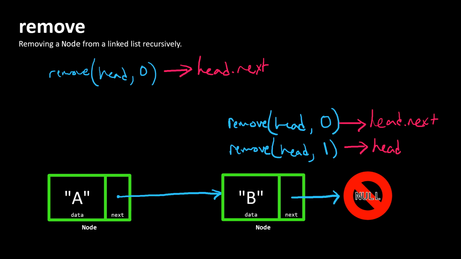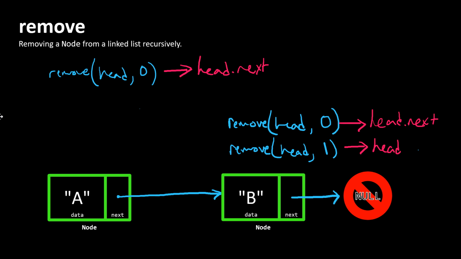Let's imagine what's going to be our recursive case. So it turns out that our base case is happening when index is 0, right? That's one of our base cases. Another base case was this base case here when we've reached the tail of our list, the very end of it, but we haven't found the index we're looking for.